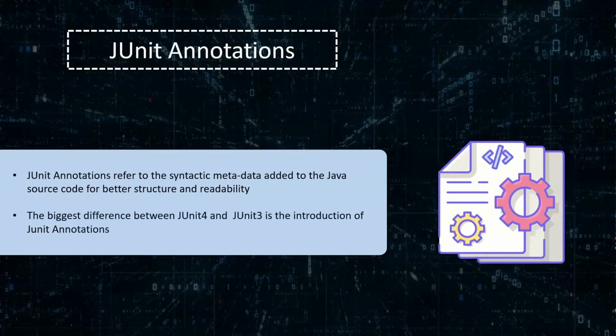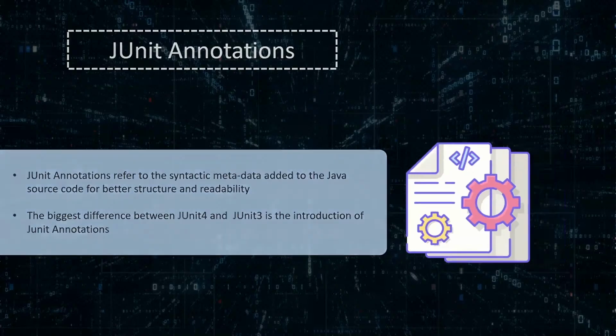The biggest main difference between JUnit 4 and JUnit 3 was the introduction of the JUnit annotations. Earlier, before JUnit 4, we were not able to identify whether something was a test method or a source method. That identification is quite easy after the introduction of the JUnit 4 framework.